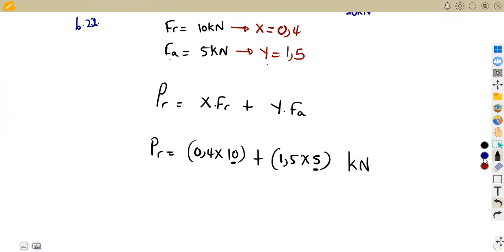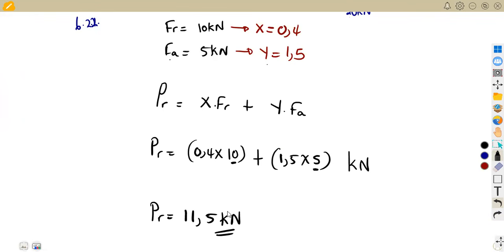If you want, you can write this as 10 times 10 to the exponent of 3, it's up to you, or you can just leave your answer in kilonewton. All right, so at the end you are going to obtain 11.5 kilonewton. That is the dynamic equivalent load.